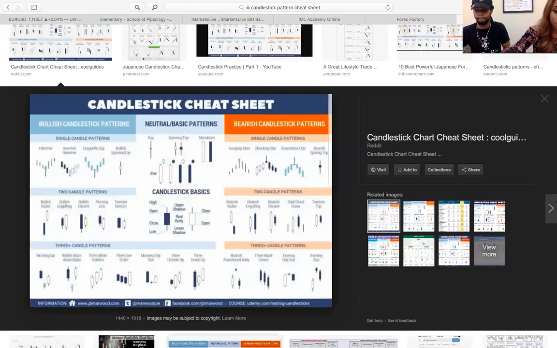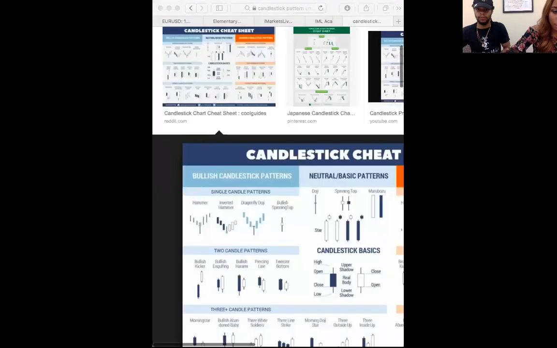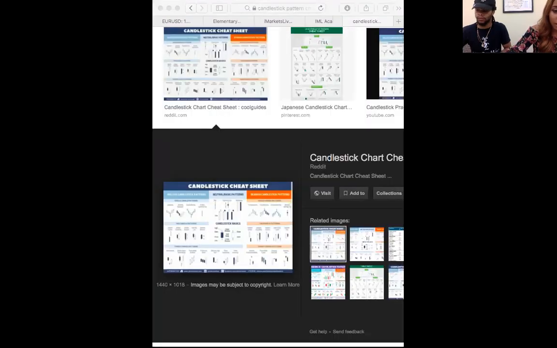Y'all know I like to refer back to the Candlestick Pattern book right here. This is really all about candlesticks and the anatomy behind them. You can see right here the engulfing bar, page 16, first one. What it is, what it means, what it looks like. Then how to trade it. Trading tactics on page 109 all the way to 133.